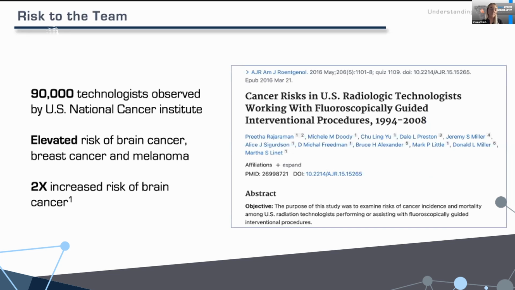Radiographers, technologists, depending on what country you're in, the nurses, it's really about trying to protect the team. In this prospective cohort study of over 90,000 technologists, they found an elevated risk of brain cancer, breast cancer, and melanoma, and a twofold increase in brain mortality was also observed.